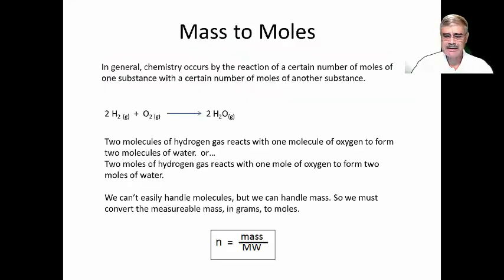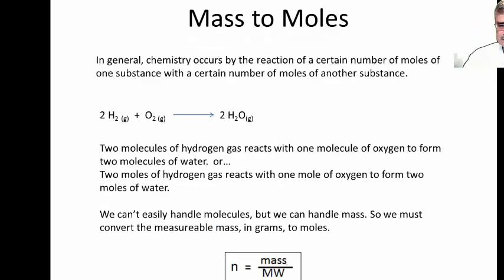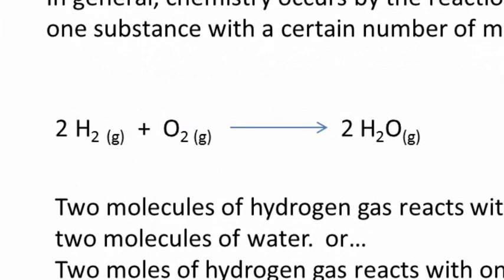Okay, so that was about naming and rules for naming. Now let's talk about a very important concept that we will use from this point on. And that is the fact that in a chemical reaction, such as I've shown in this slide, we have reactants on the left going to products on the right with an arrow telling us which way we're going towards the products.